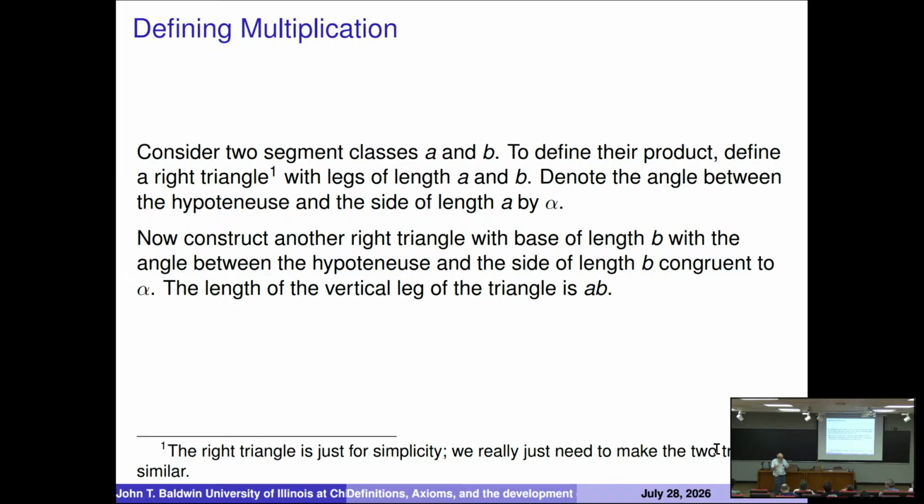Desarguesian means it's a division ring, Pappian means it's commutative. There are about 15 or 16 in this category.